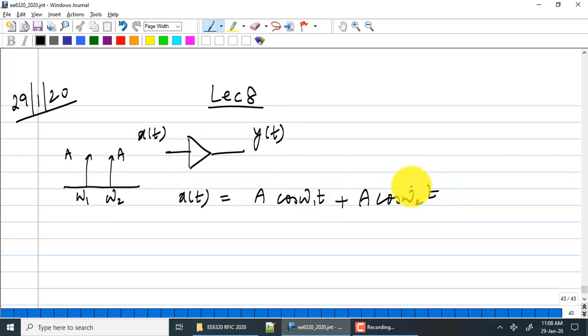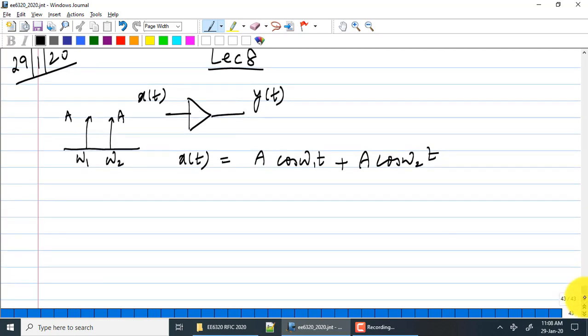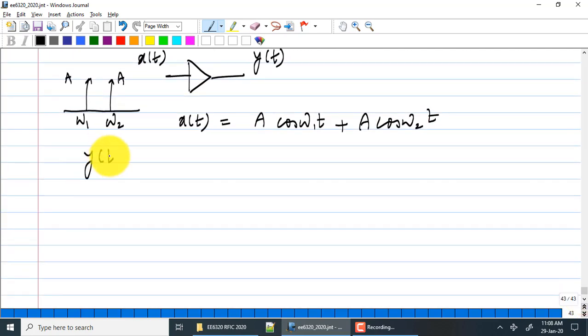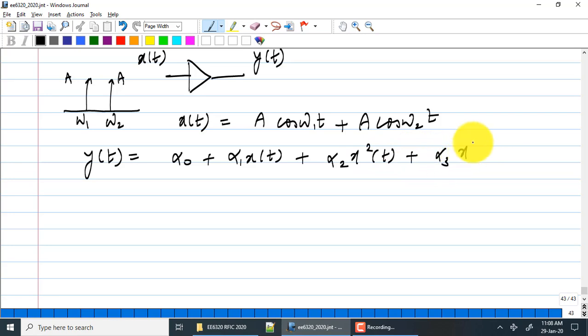Okay. So y of t will be alpha naught plus alpha 1 x of t plus alpha 2 x square of t plus alpha 3 x cube of t. Okay, so far so good.